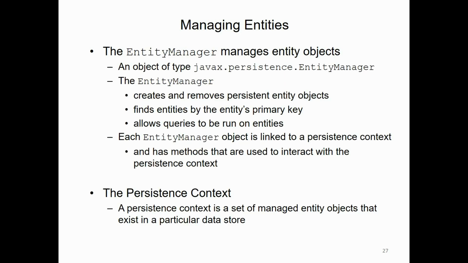This is all done by the entity manager, whose job is to manage those entity objects. Its type is shown here on screen, and it allows us to create and remove persistent objects, which will insert and delete rows in the corresponding tables. It will allow us to find entities using the queries, and also to update those objects, which the manager then will manage the update in the database tables.